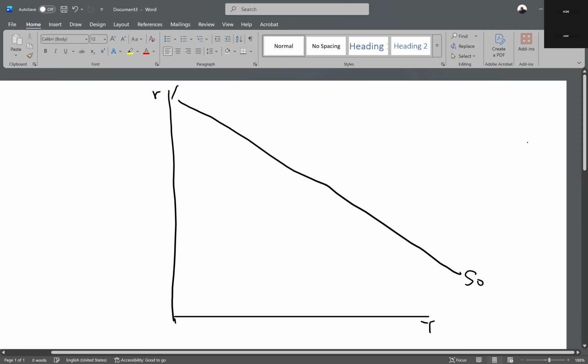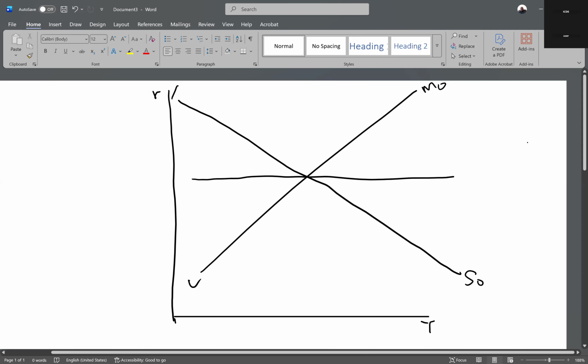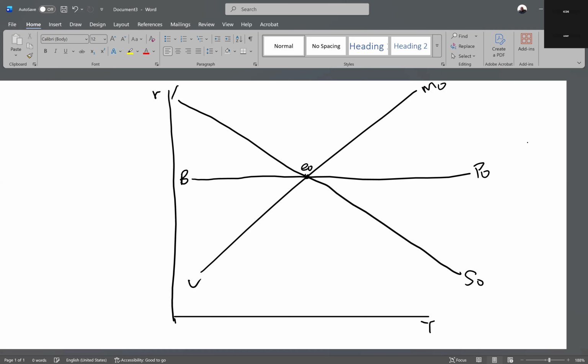This is our LM, call it LM0. And this is our BP, call it BP0. At this point, we have E0. So this is Y0, and this is R0. This is a general equilibrium. E0 is general equilibrium because we are on the IS curve, LM curve, and the BP curve.